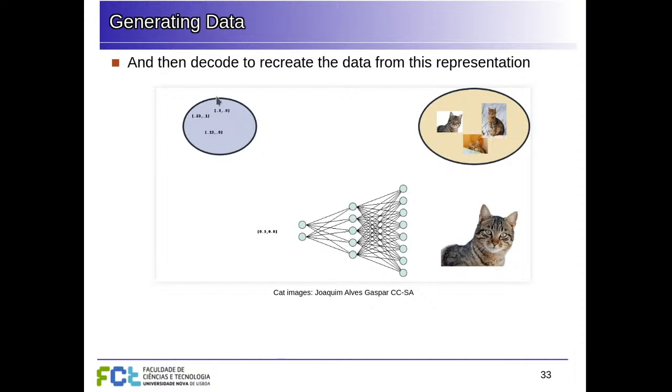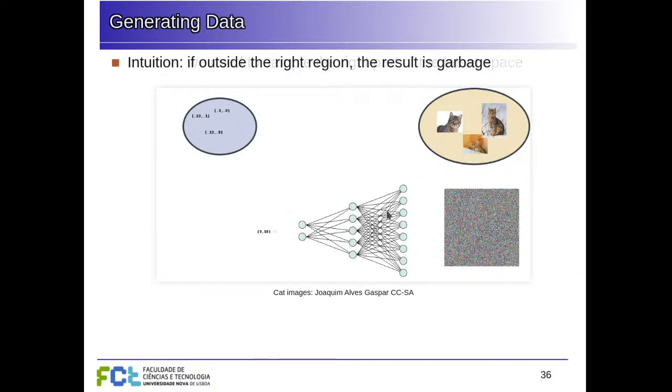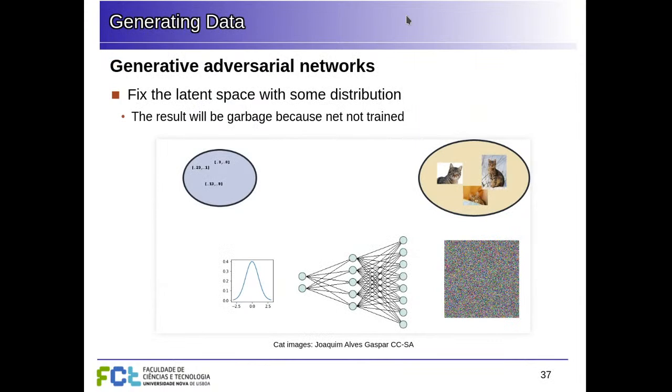So we need to know the distribution of the latent space in order to generate examples using the decoder. One way we can do this is, instead of trying to figure out what the distribution is, because if we miss the correct spot, then we'll only get garbage, we can fix the distribution of the latent space to some known distribution that we want.